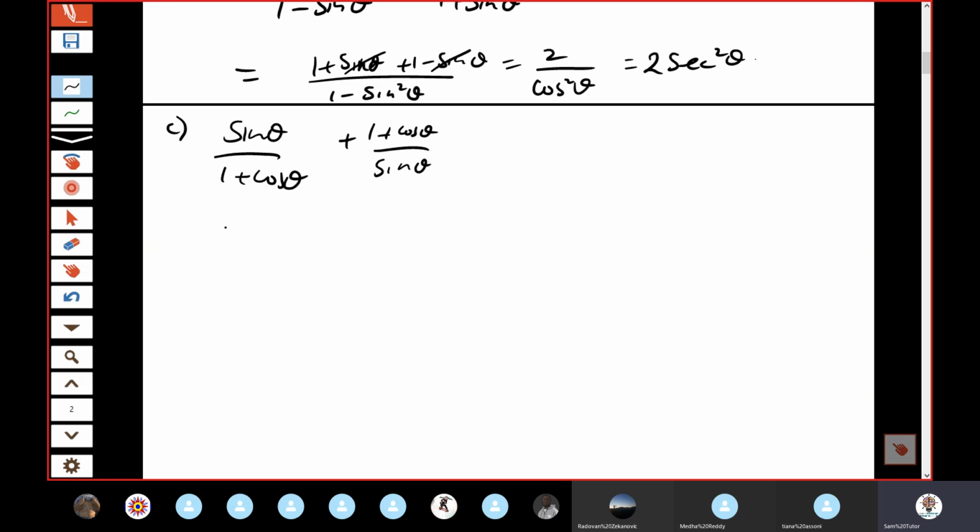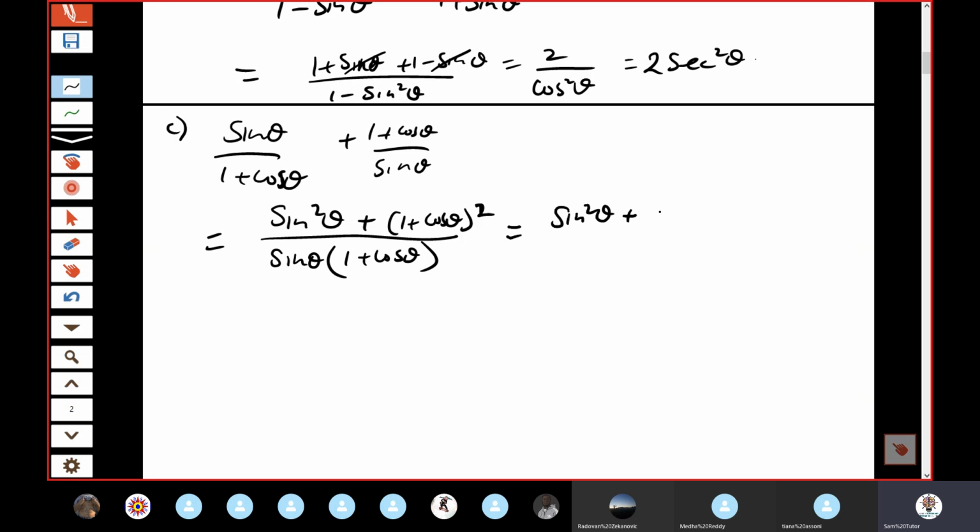Okay, what do we do? Common denominator again. What's missing? Missing a sine. So sine times sine is sine squared. This times this is 1 plus cos theta all squared.